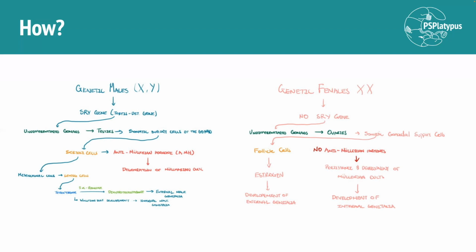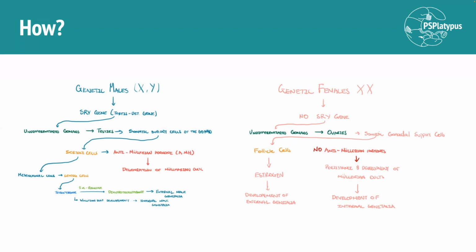On the flip side, with genetically female individuals with chromosomes XX, there is no Sry gene, and therefore undifferentiated gonads go the natural course of forming ovaries, and the somatic gonadal support cells develop into follicle cells. And as this is the case, there are also no Sertoli cells and therefore no anti-Mullerian hormone.